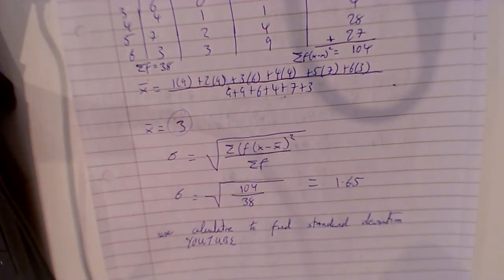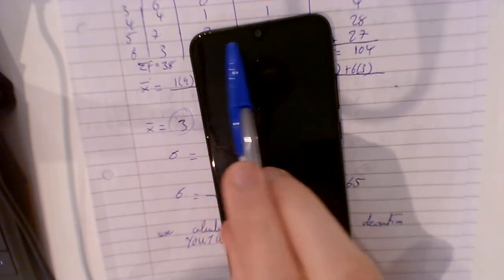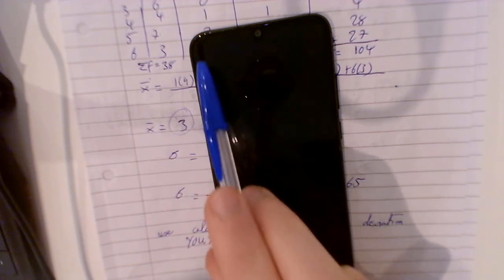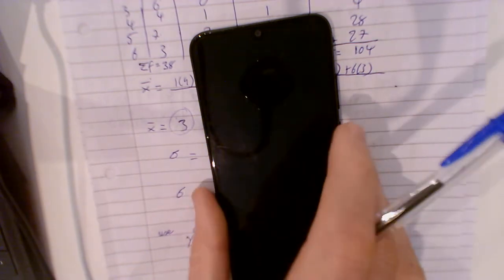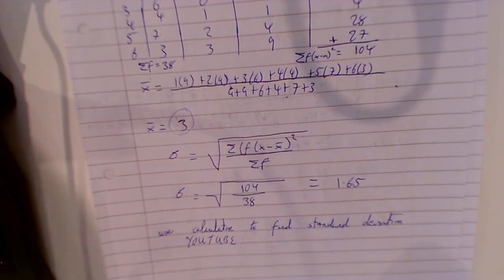If you need to find it, type into YouTube how to find standard deviation, and put in the code that's up on the top of your calculator. For example, how to find standard deviation Casio FX 83ES.